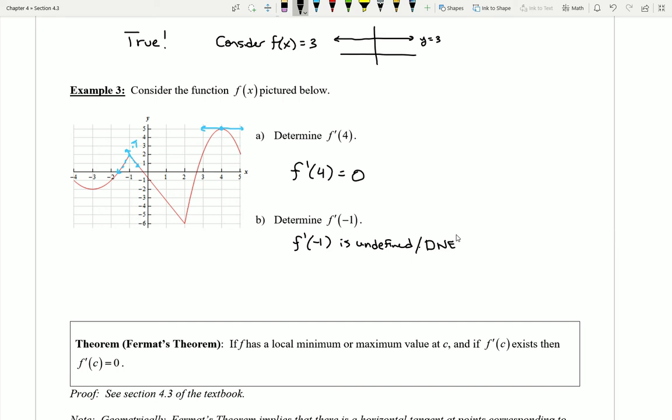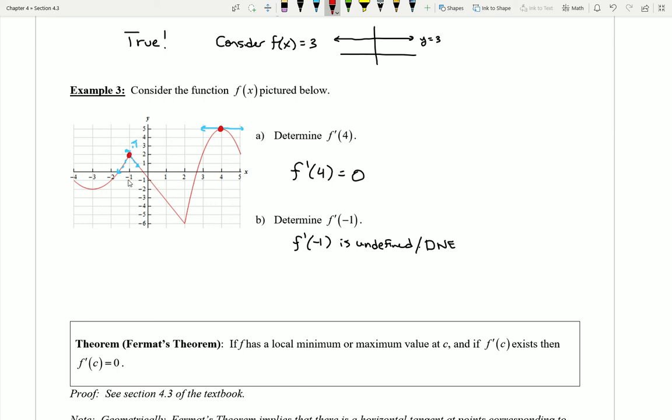So this is a really interesting observation. Notice that at these particular points, when x is 4 and I'm up at 4 comma 5, or when x is negative 1 and I'm at negative 1 comma 2, these points here are both local maximums.